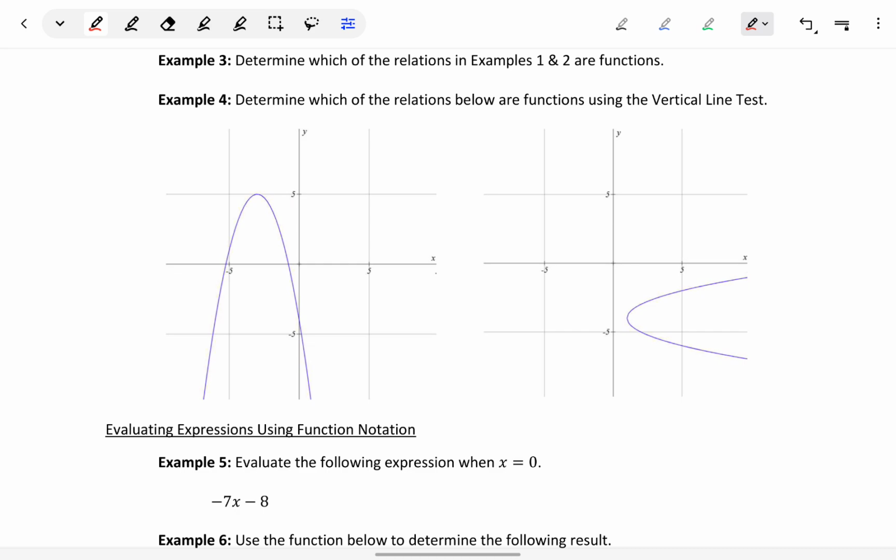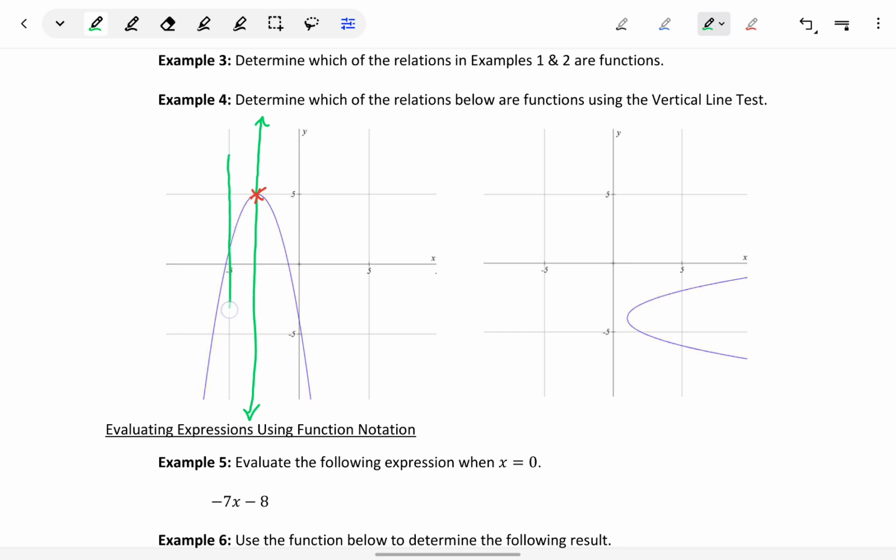Looking at the first graph, we're going to apply what we refer to as the vertical line test. The vertical line test tells us that we draw a vertical line passing through that curve, and we look to see if it intersects the curve in more than one place.